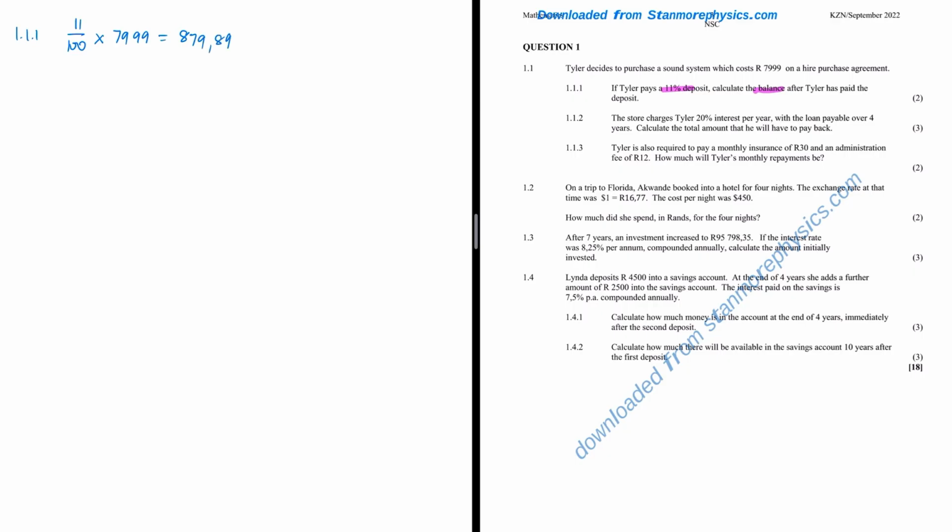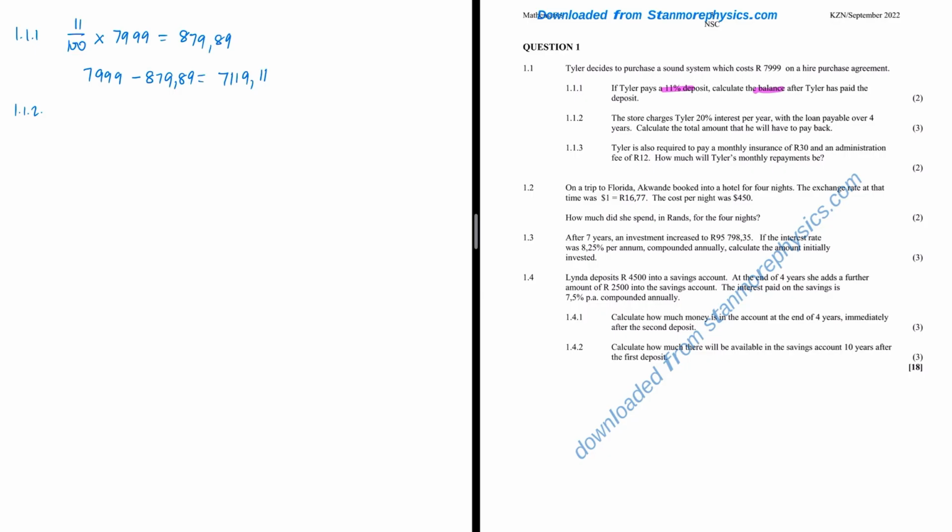So the balance that Tyler owes after paying the deposit is going to be the difference between those two values. So 7,999 minus 879.89, and that's equal to 7,119.11.